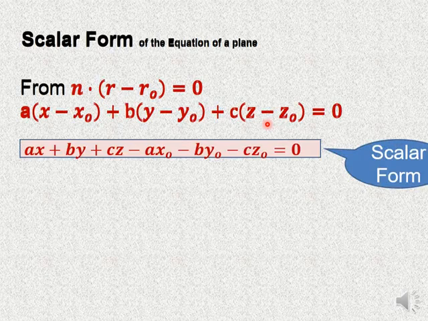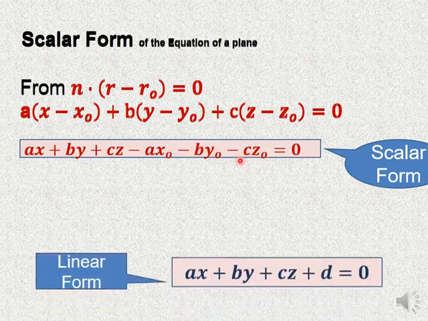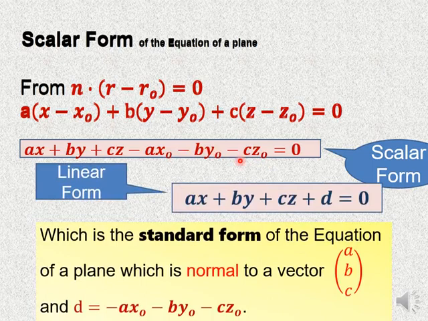If we substitute negative a x naught minus b y naught minus c z naught with d, then we come up with a linear form of the equation of a plane as ax plus by plus cz plus d equals 0. We are going to use this always as our standard form of the equation of a plane.